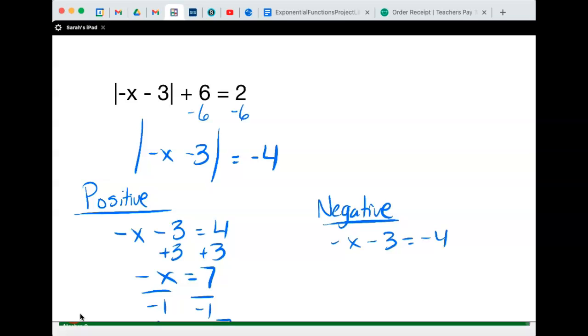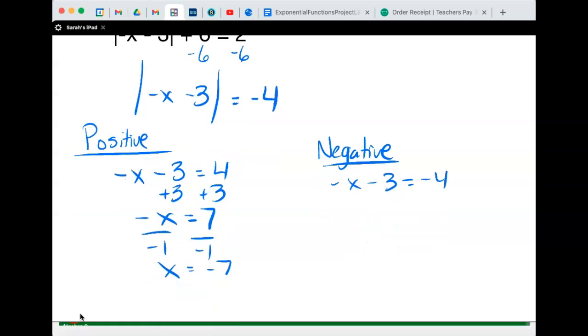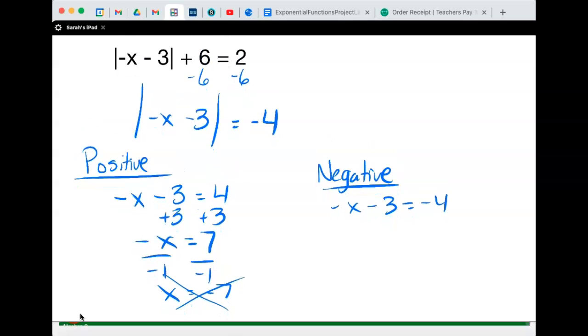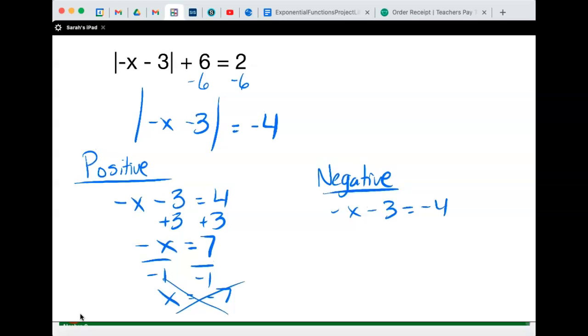Huh. So why did that not work? Does anybody know? Yeah, negative x is different, but that's not why it didn't work. Chase, what did you say? It's a problem that has no solution.